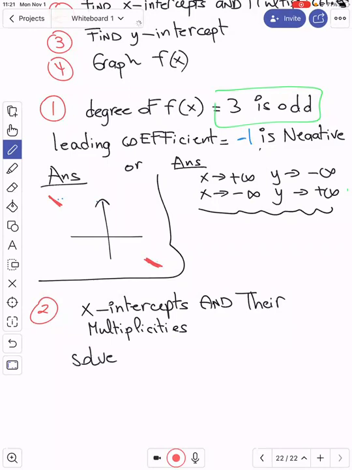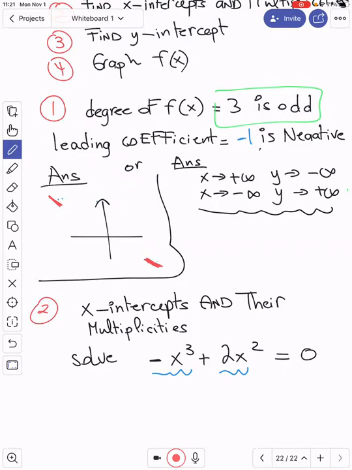So we need to solve minus x cubed plus 2x squared equal to 0, right? This is not a quadratic equation, so you cannot use the quadratic formula. You have to try factoring first. There's a common factor, as you can see, which is x. And even better than x, we have x squared as a common factor.